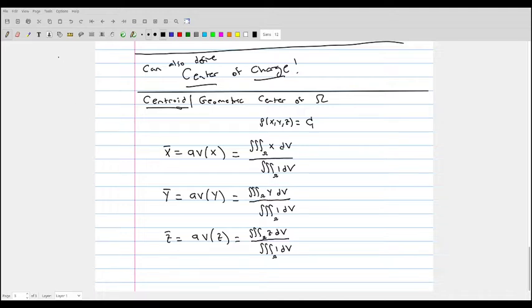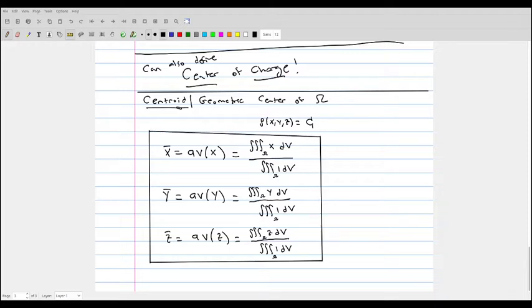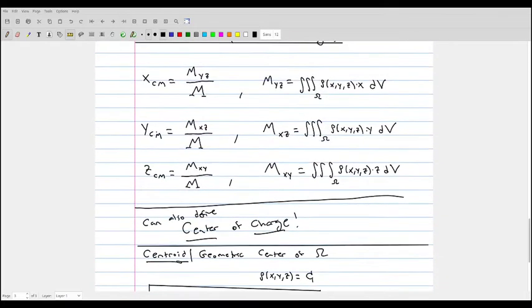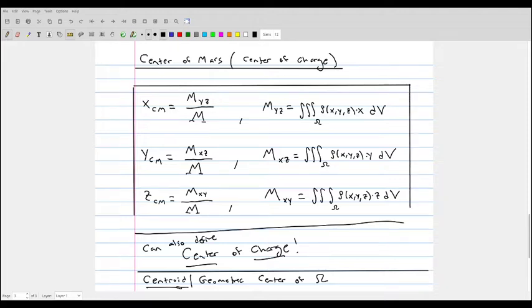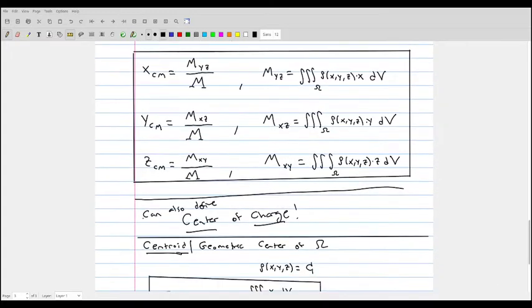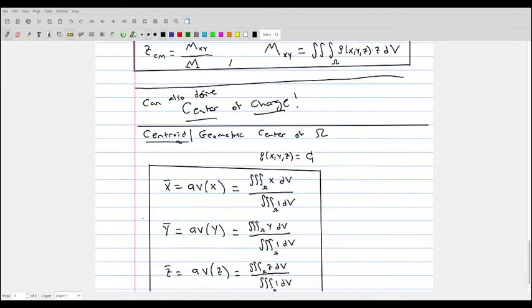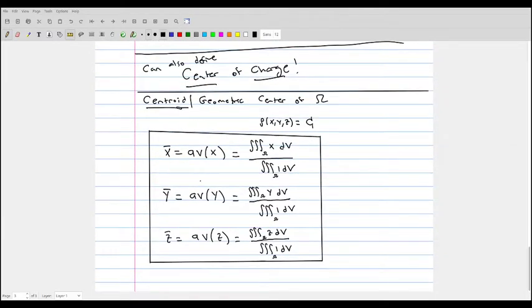So these are the main three formulas that we have for the centroid. And these are the main three formulas that we have for the center of mass or center of charge of a given region. So if you want to calculate this point in general for a given region, you typically have 4 integrals that you have to go through and compute to calculate any one of these values, the center of mass or the centroid.